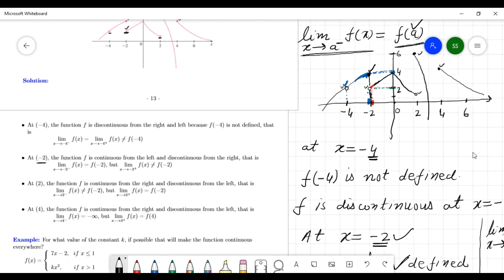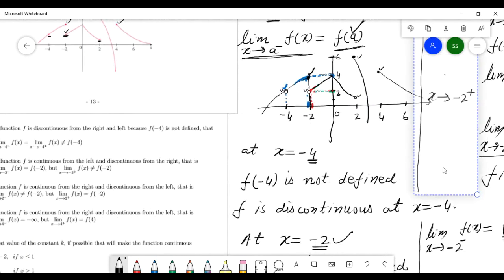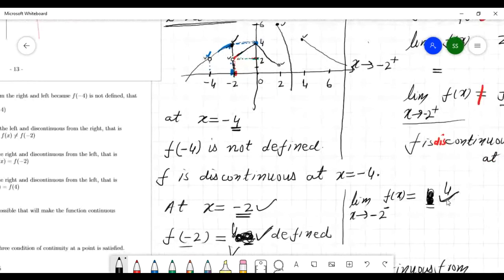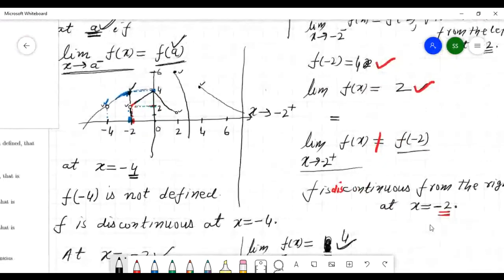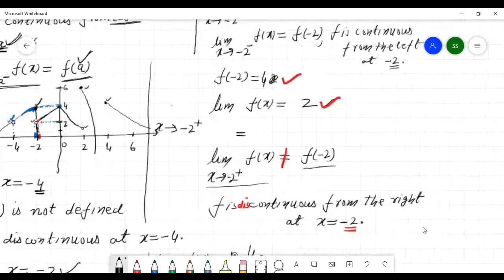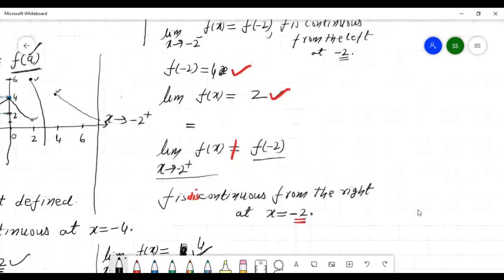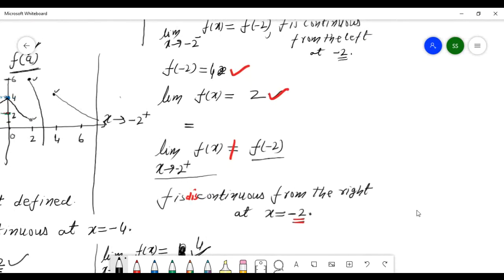Now check at 2 and 4 here. Check at this point, x equal to 2. This one at x equal to 2.